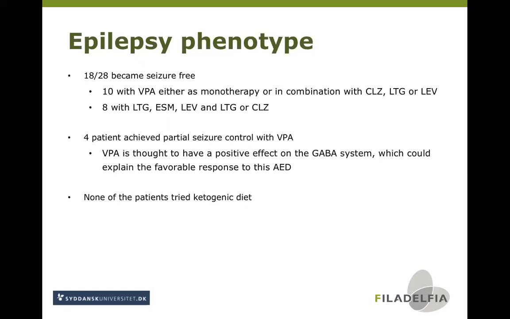We looked a little bit into this, and valproate is thought to have a positive effect on the GABA system, which could be part of the explanation for the favorable response to valproate. But we can't really explain it totally on the functional level.